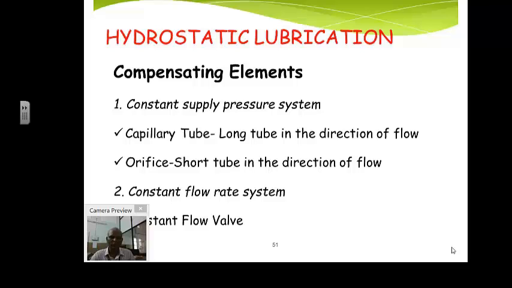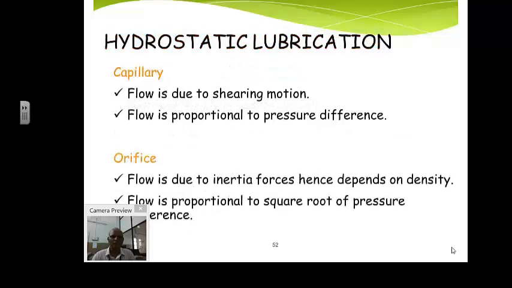In a constant flow rate system, there will be constant flow control valves. In the case of capillary, the flow is due to shearing motion, hence it is proportional to the pressure difference between the inlet and the exit. In the case of orifice, it is due to the inertia effects, hence it depends on the density. So flow is proportional to the square root of the pressure difference, delta P.